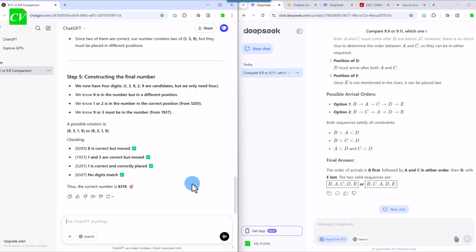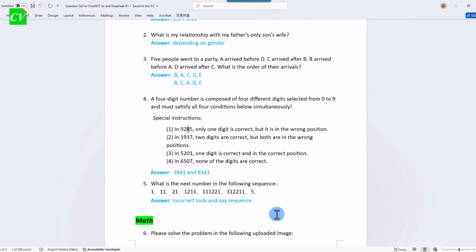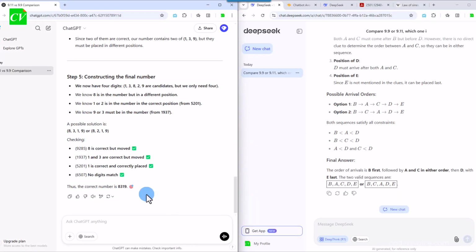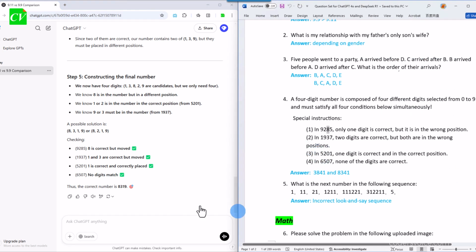This is incorrect. The correct answer should be 3H41 and H341. Now let's take a look at why it's wrong. It's H319, so I put it here.